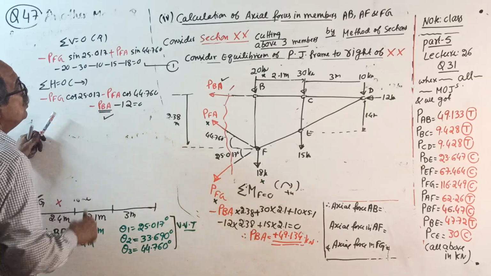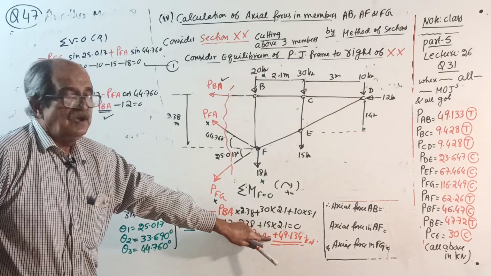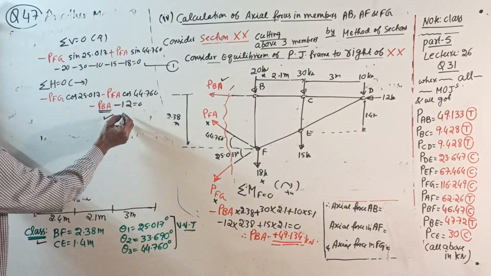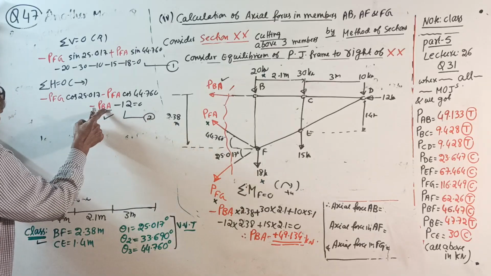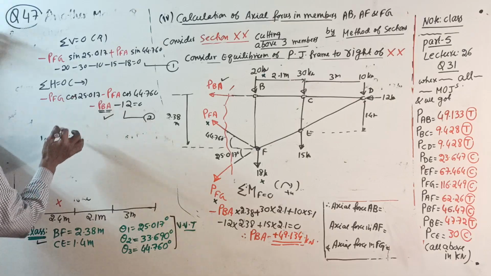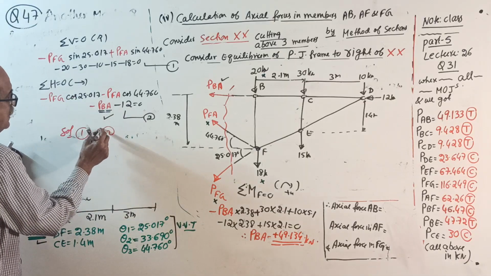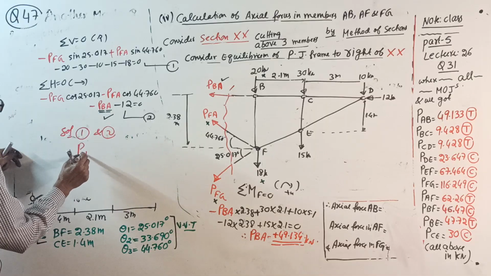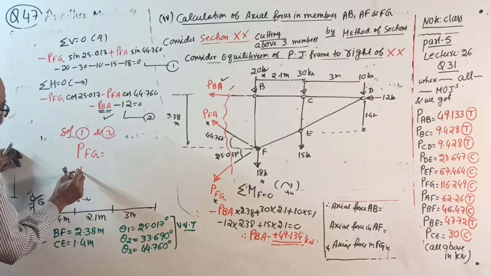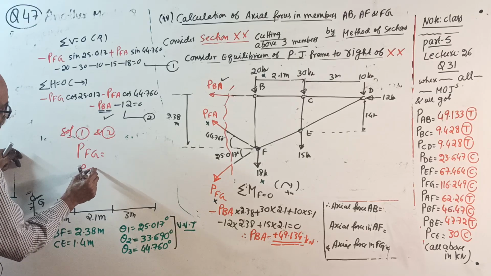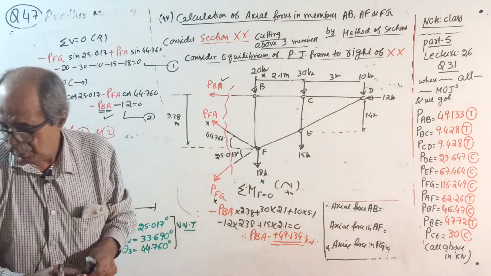P_BA is known to you. Substitute P_BA, this number. So unknowns are still these two. So this is equation number 2. This is the known value now. Solving 1 and 2, you will get P_FG and P_FA.